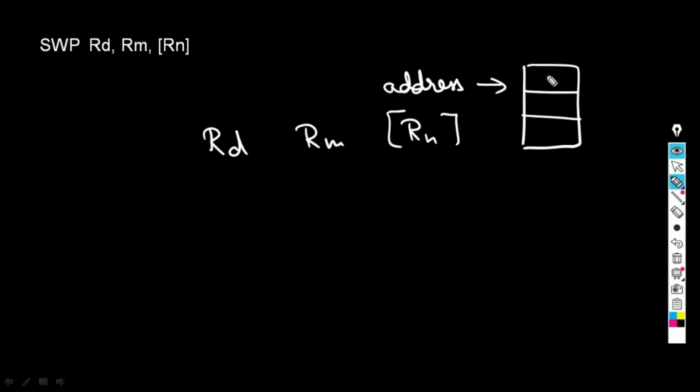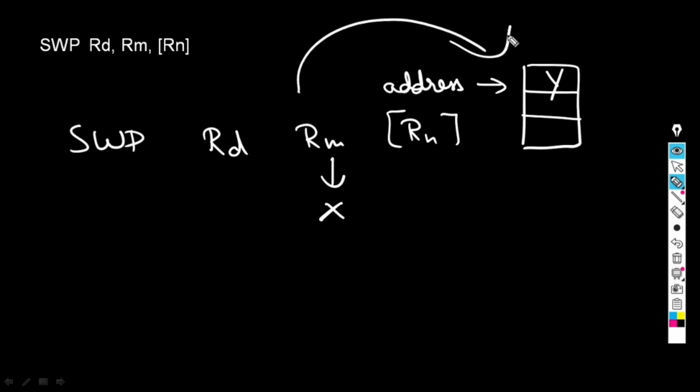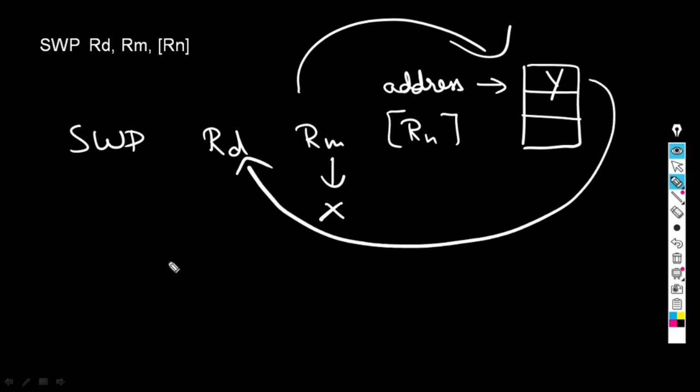Let's assume some data Y, and let's assume RM contains some data X. After this swap instruction, this content gets shifted here and this value gets shifted here. What it means is RD will get the value stored in the memory location pointed to by register RN, that is RD will be Y, and the memory content will be X.